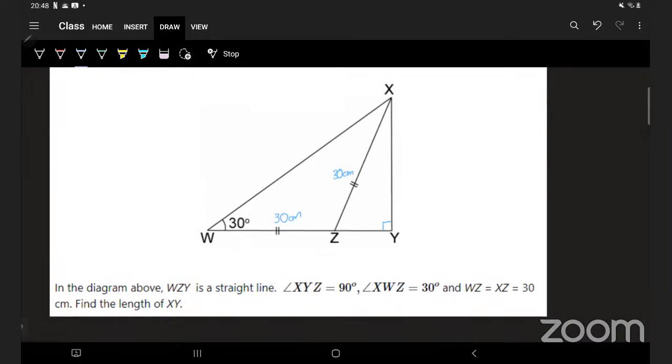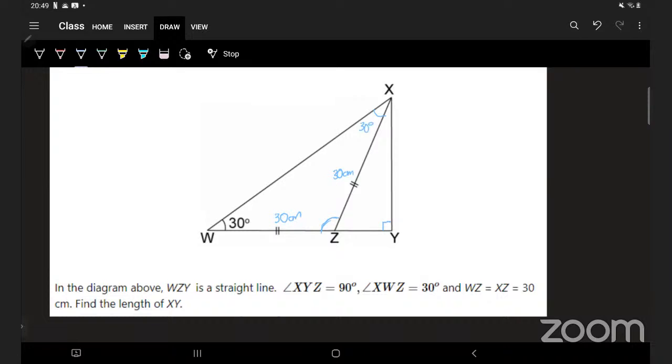There are multiple ways in which we can do this. First and foremost, we can find this angle right here. Since this is an isosceles triangle, this angle has to be 30 degrees.